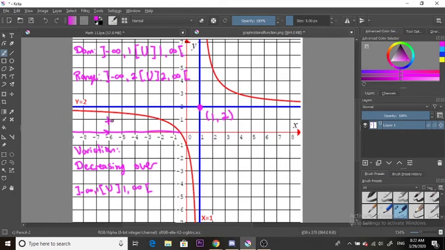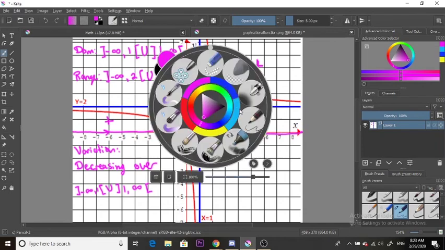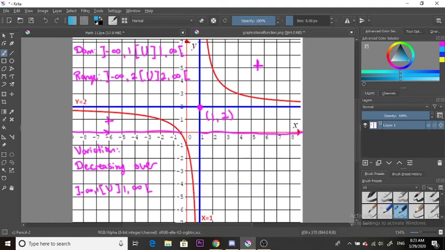So this section is positive. And if we look at this side here from this asymptote onwards, we can see that this is positive as well. Now let's take a look at this little section right here, in between your asymptote and the 0 of the function. This is where it starts to become negative.